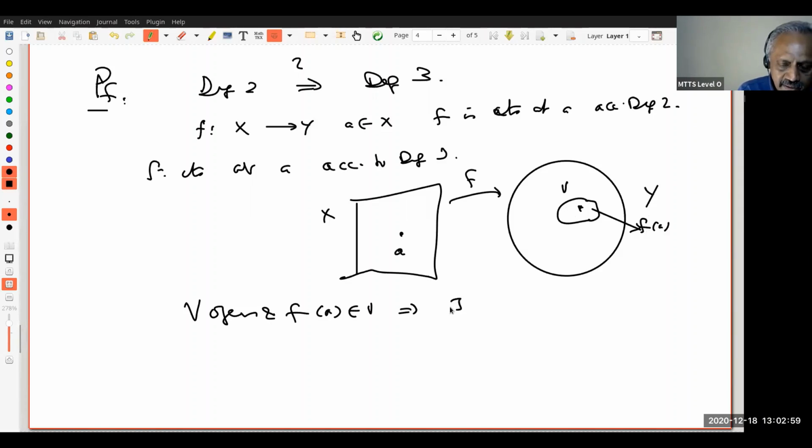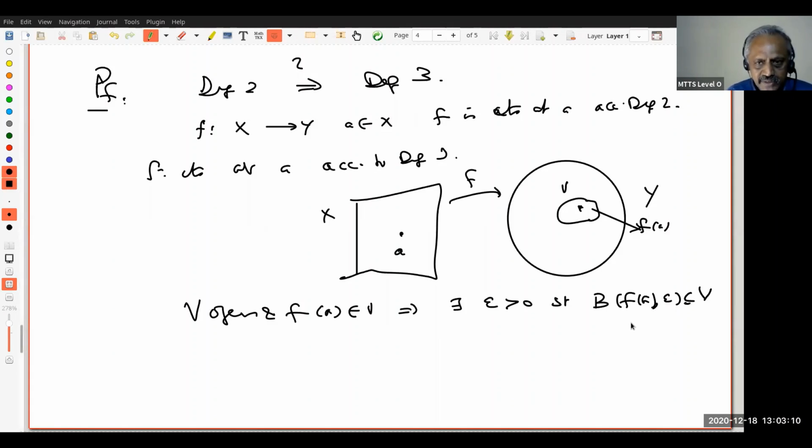That means there exists an r positive, but I will write it epsilon positive, so that there is an open ball B(f(a), epsilon) which is completely contained in V. Do you understand this? Because this is open in the metric space, right? Now I'm happy. Why am I happy? Because f is continuous according to which definition? Epsilon delta definition. And you gave me an epsilon in the codomain.